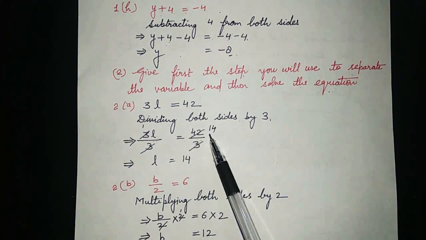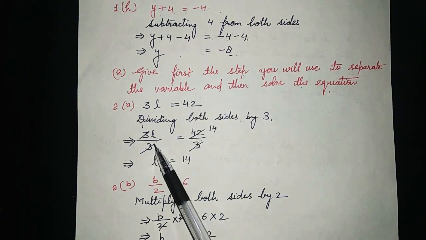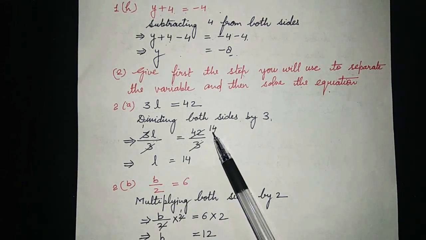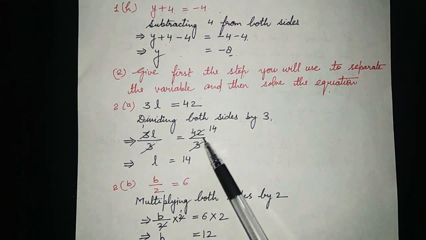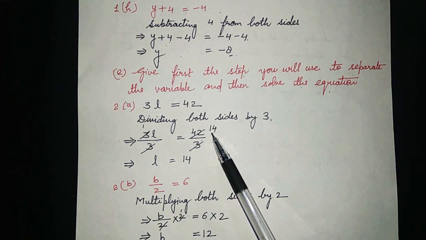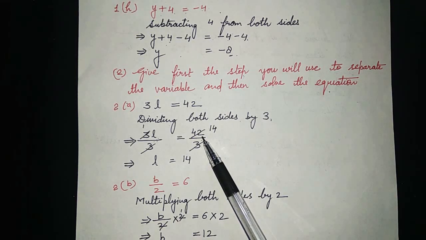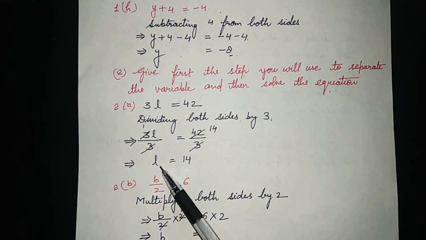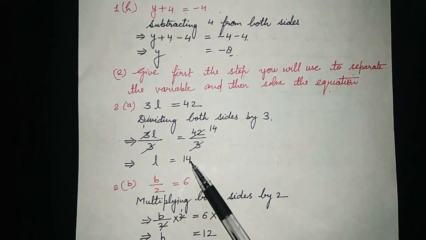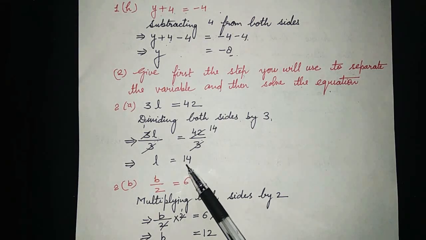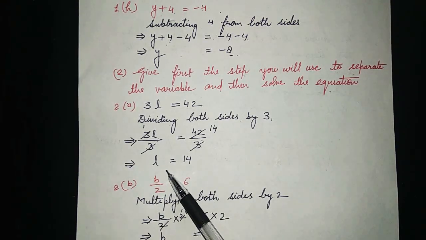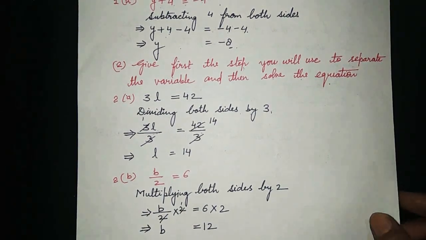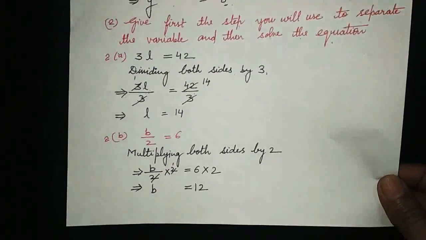After dividing both the sides by 3, 3 cancels with 3 on the left, and on the right hand side 14 will come after dividing 42 by 3. So what will we get? Here we will get l is equal to 14. This is the required value of l. Now see the B part of question number 2.